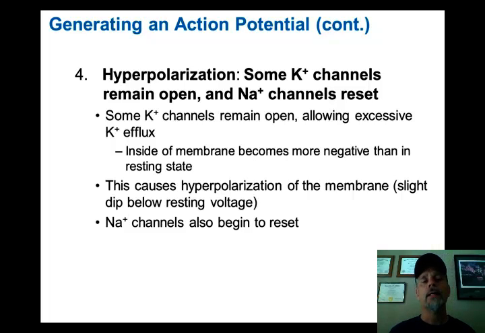I mean, if you were running down a hallway and you had to close all these open doors, it would take you a while to go bam, bam, bam, bam, bam, right? Same thing with these potassium channels. Voltage gated potassium channels, as we reach resting membrane potential, are going to close, but it takes a while for that to happen. So we get that little bump that we call hyperpolarization occurring there as well.